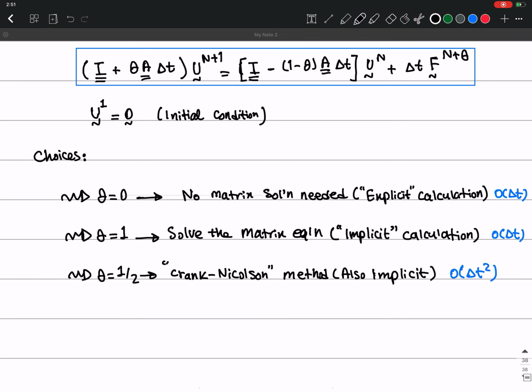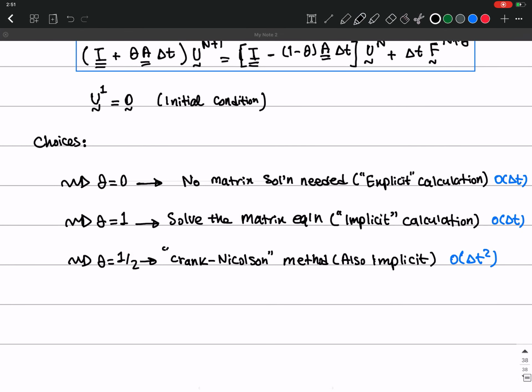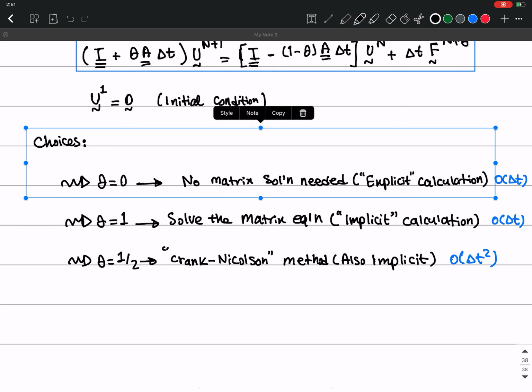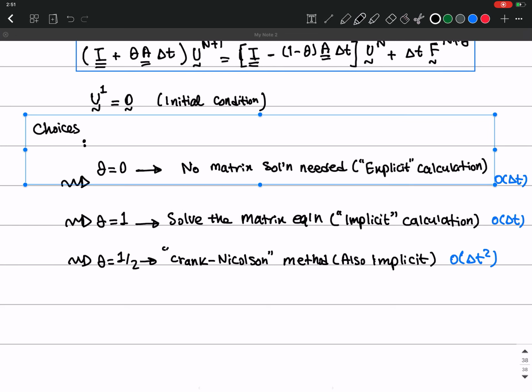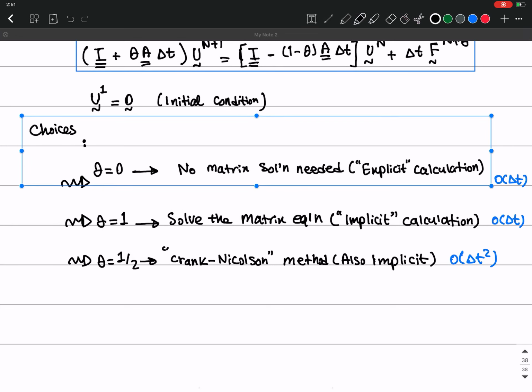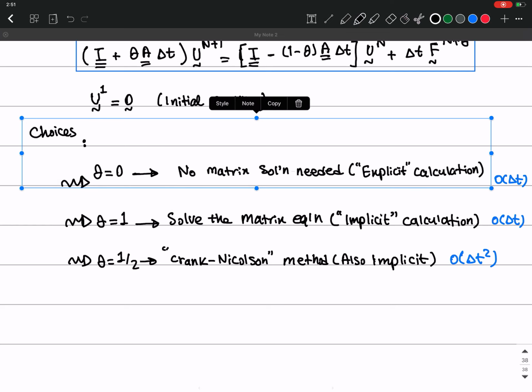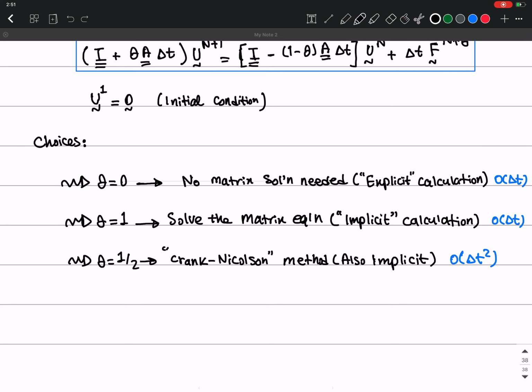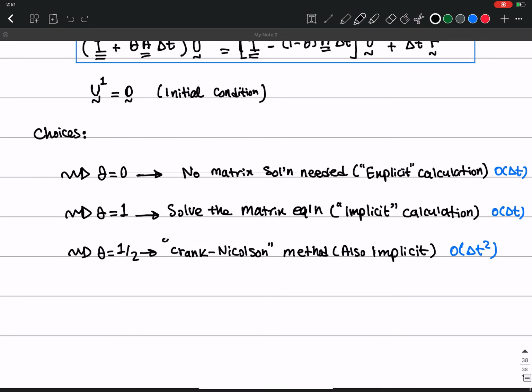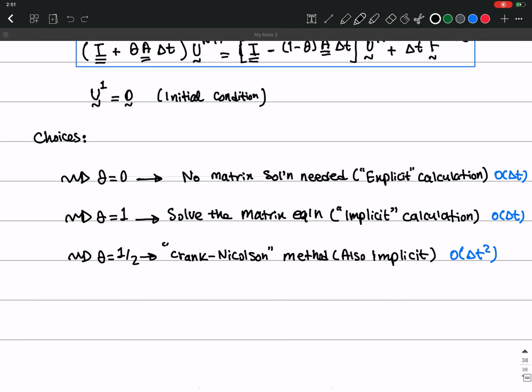So the last thing I want to note here is the stability criteria.